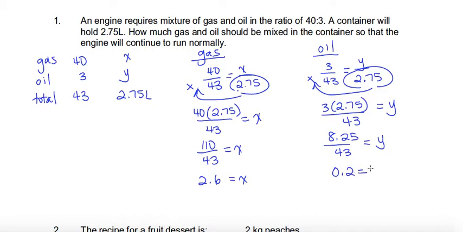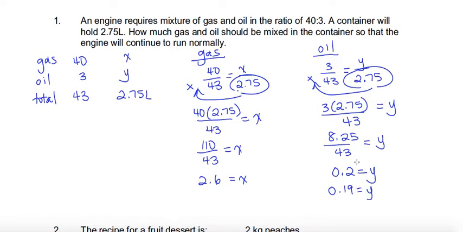So 0.2 is equal to Y. Now you'll notice that it's not quite, it's just a little bit more because I rounded up to 1 decimal place. So I'm pretty close to that 2.75. If I wanted to be more exact, I could do 0.19 here.